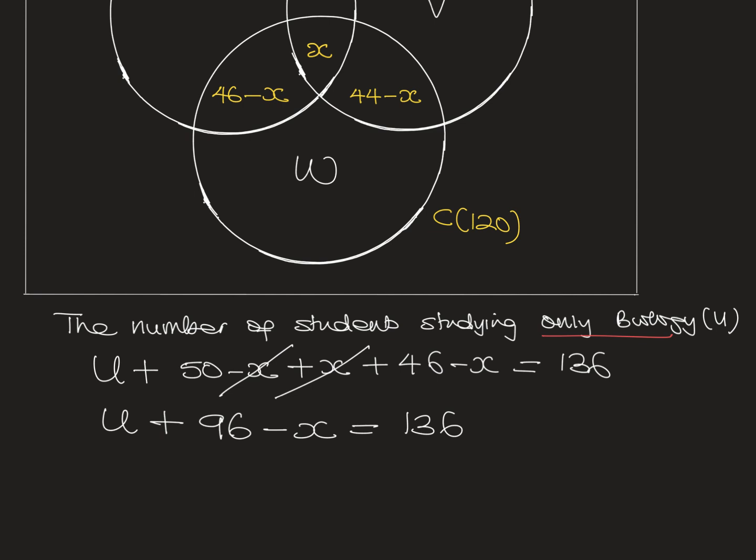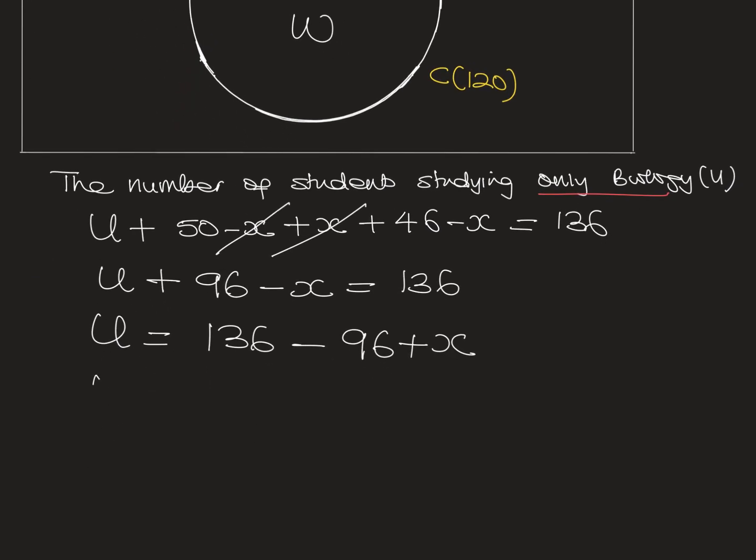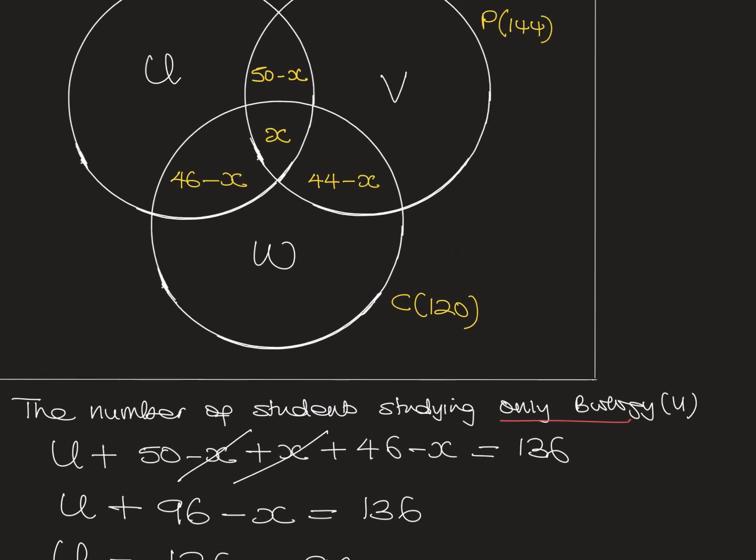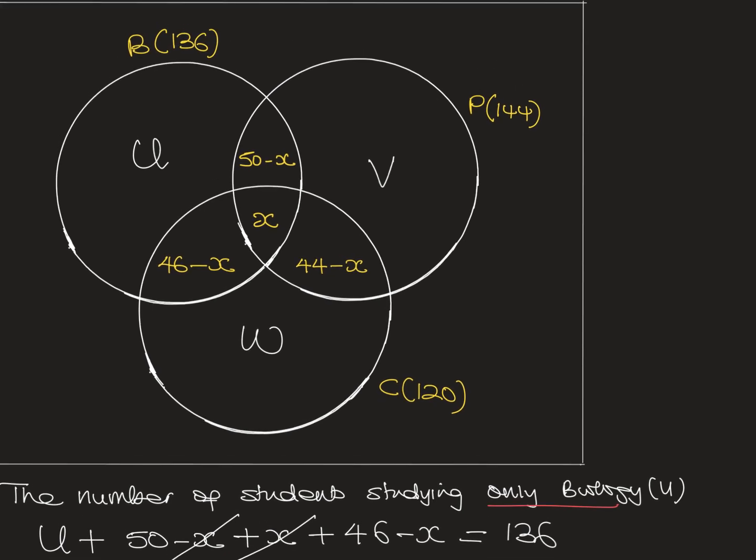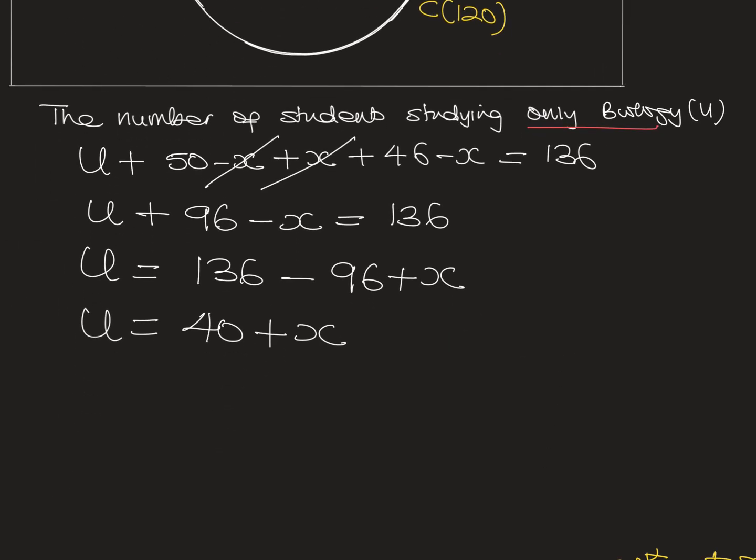You get that? So U will be equal to 136 minus 96 plus X. 136 minus 96 is 40. So U will be 40 plus X. I can do the same thing to find V, which is the total number of students studying only physics.